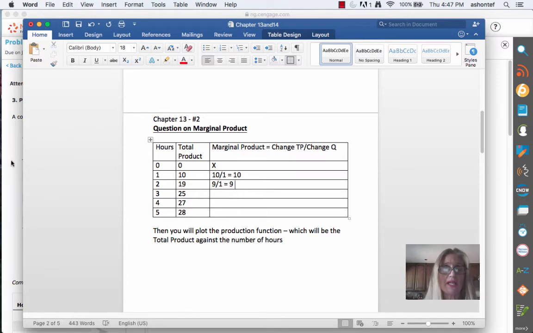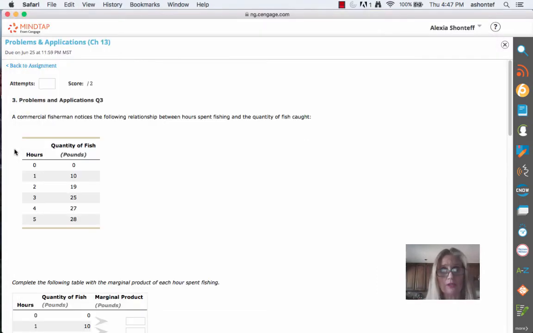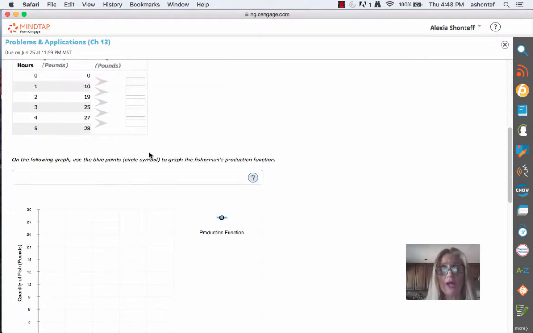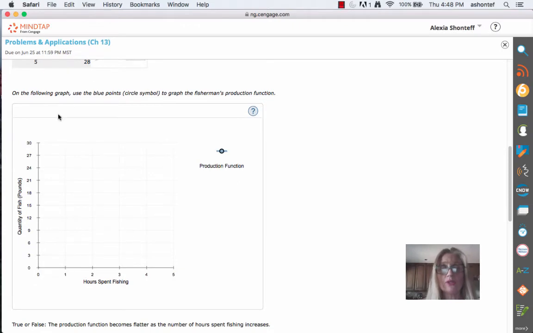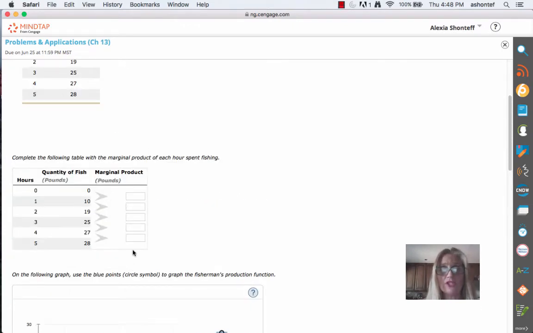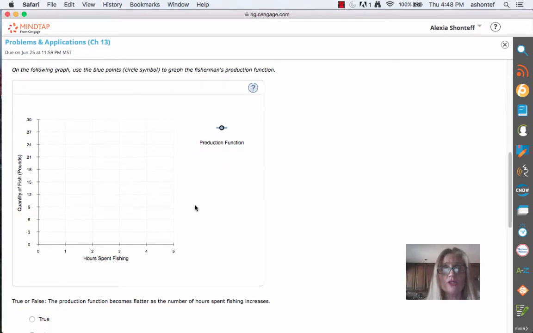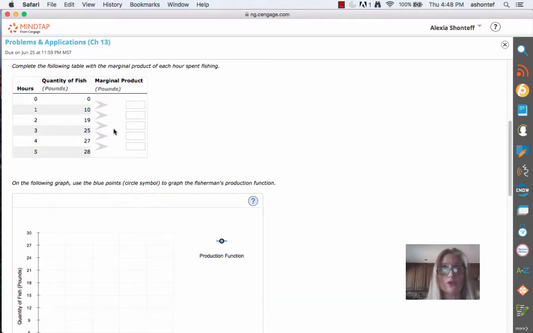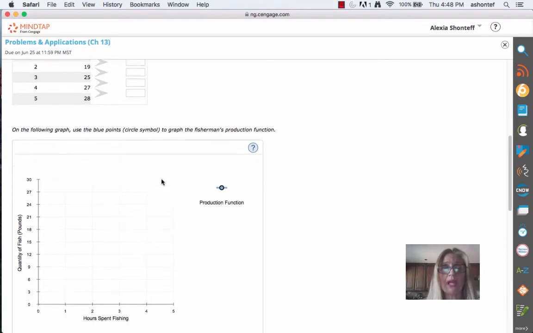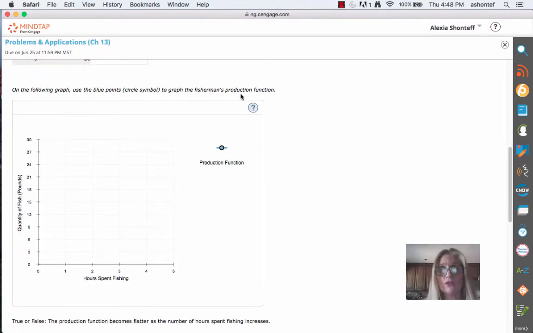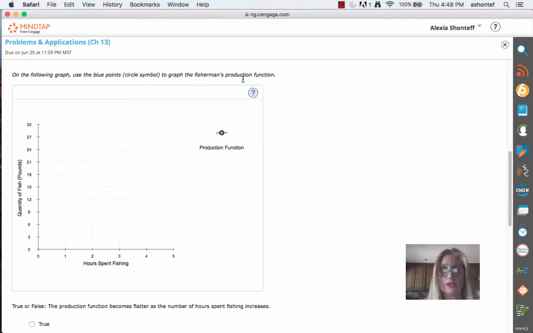Once you have your numbers here, I'm going to go back to the actual homework question, and you will then take the information you found here, and you're going to plot, well actually you're going to use your total product here, sorry, because it's asking you for your total product curve, so that's the production function. So it's the hours spent fishing down here, and then this is going to represent the total product.